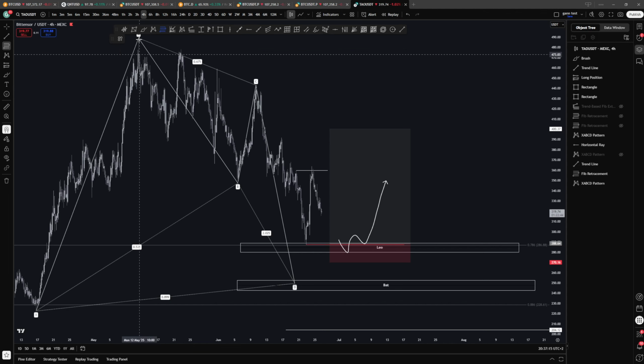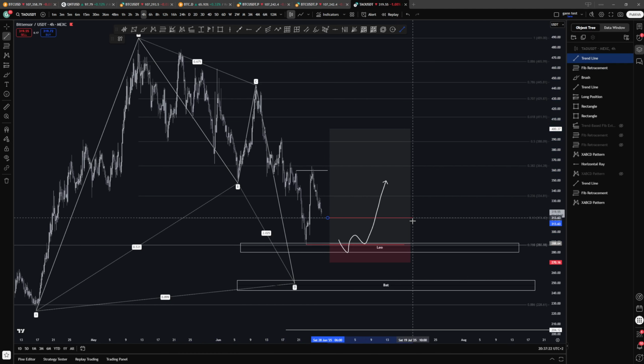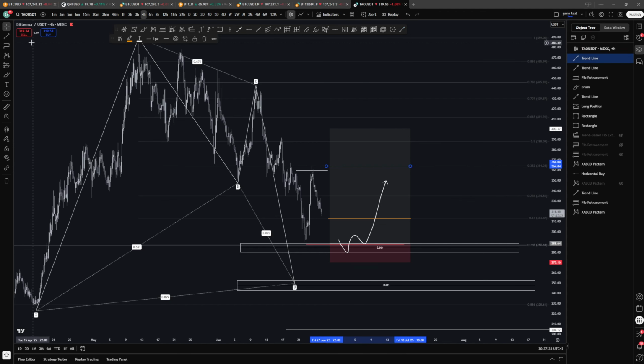If that happens, I'm just going to mark out the TPs manually. I would actually take the 0.13 because this chart has shown a lot of weakness already. So I would like to TP earlier. And then take that 382, take that 618.